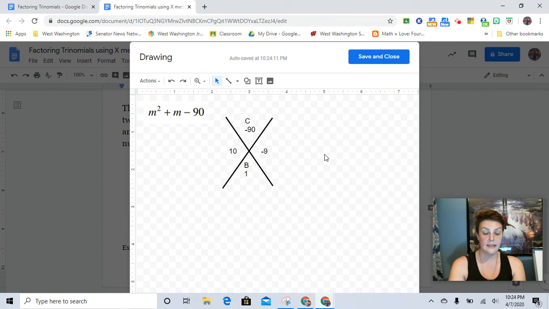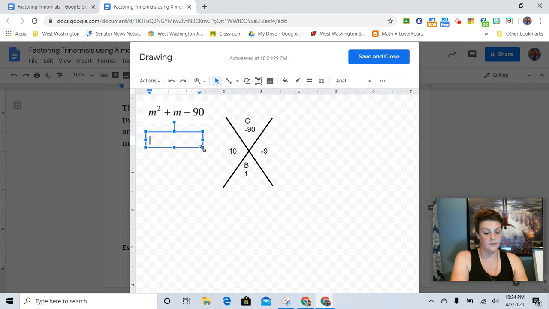Now, this is not my final answer. These need to be factored. So what we do then is we take those two numbers and we put them in parentheses, and we're going to make two binomials that multiply together to be this. So that's going to be m plus 10 and m minus 9.